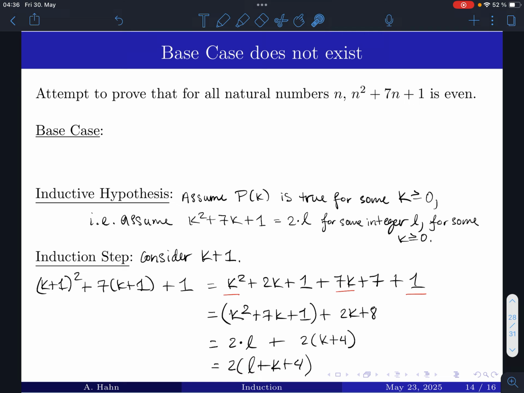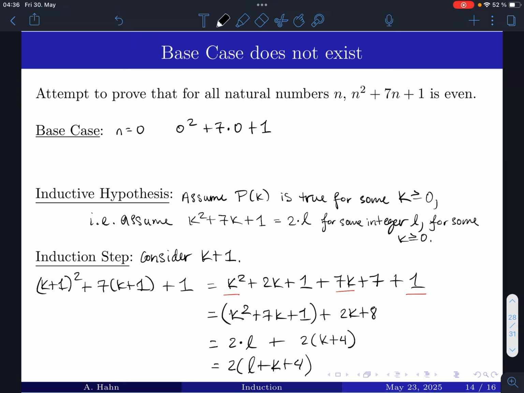So K plus 1 squared plus 7 times K plus 1 plus 1 will also be even as long as the previous term is even. But as I mentioned, this function will never be even. Let's plug in some numbers and actually see that.